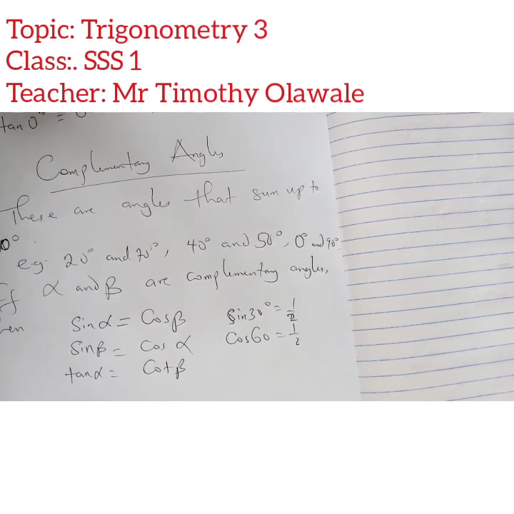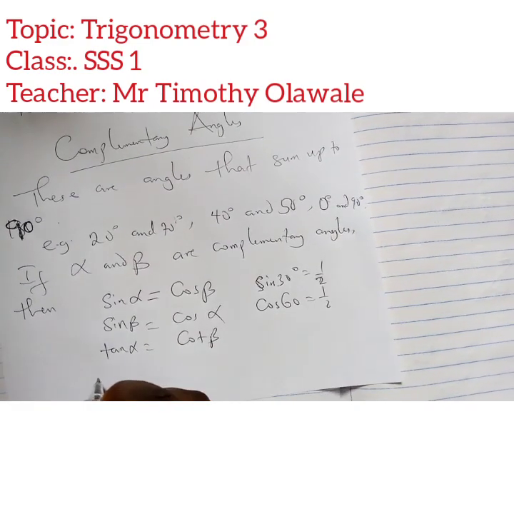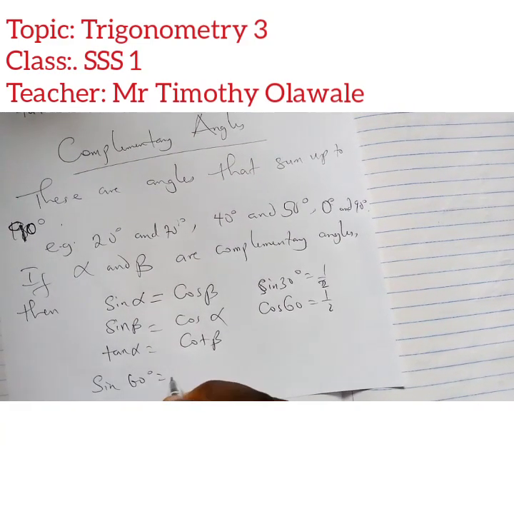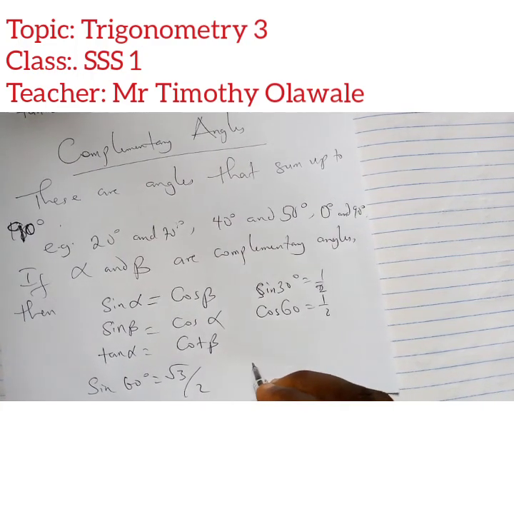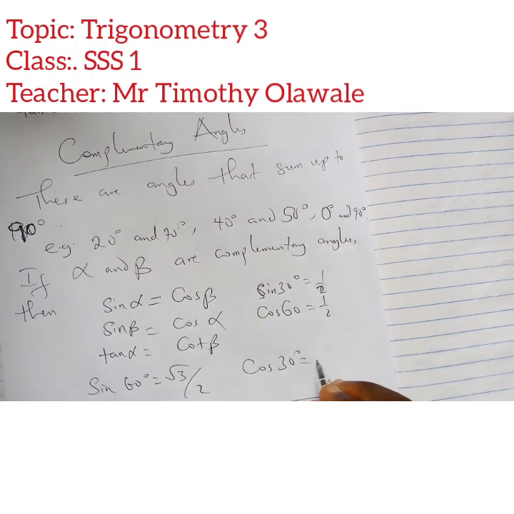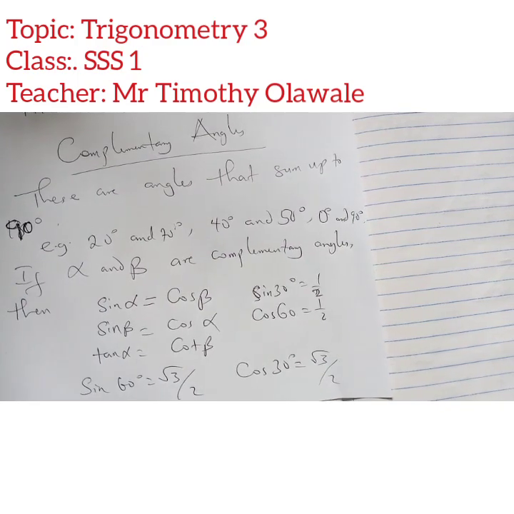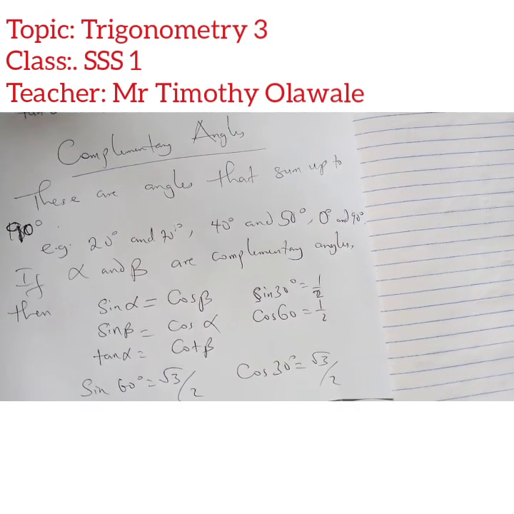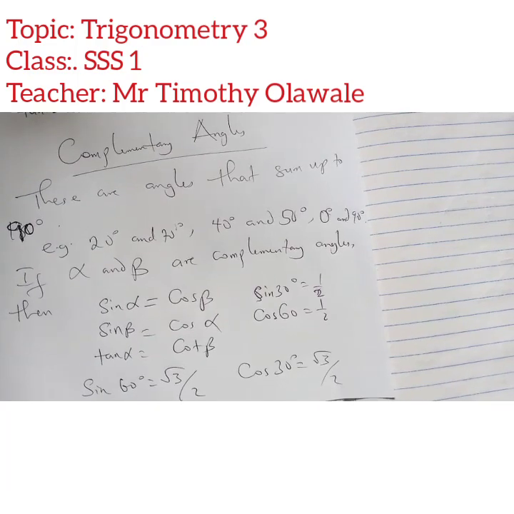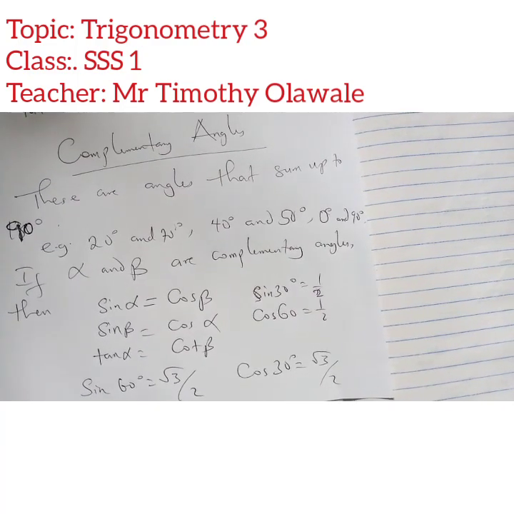Sine 60 is root 3 over 2, the same as cos 30. So they are interchangeable: the sine of one gives us the cos of the other, while the cos of one gives us the sine of the other.